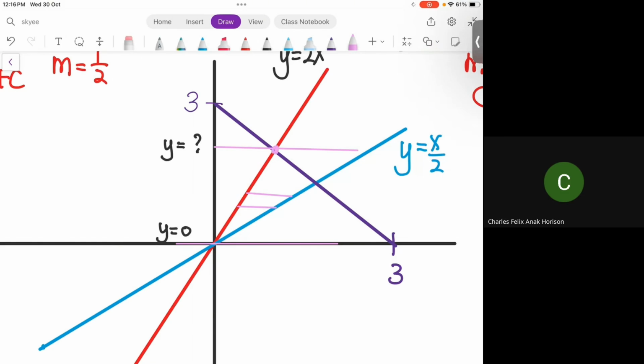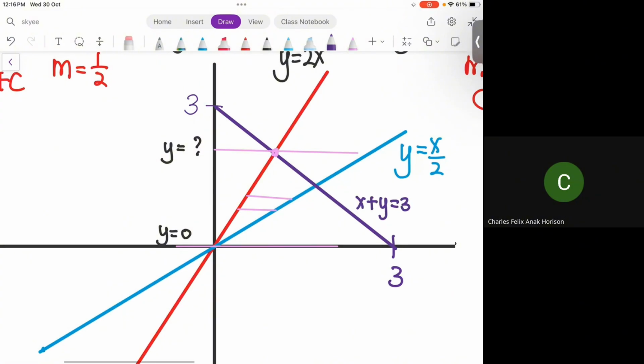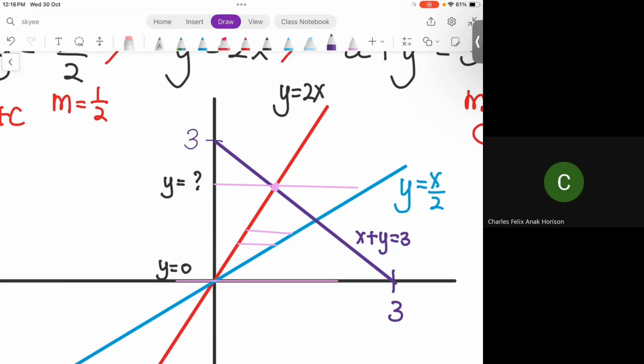So point Y here is the intersection point for the equation x plus y equals 3 and also the equation y equals 2x. If I put the 2x into the equation, I will have x plus 2x equals 3.